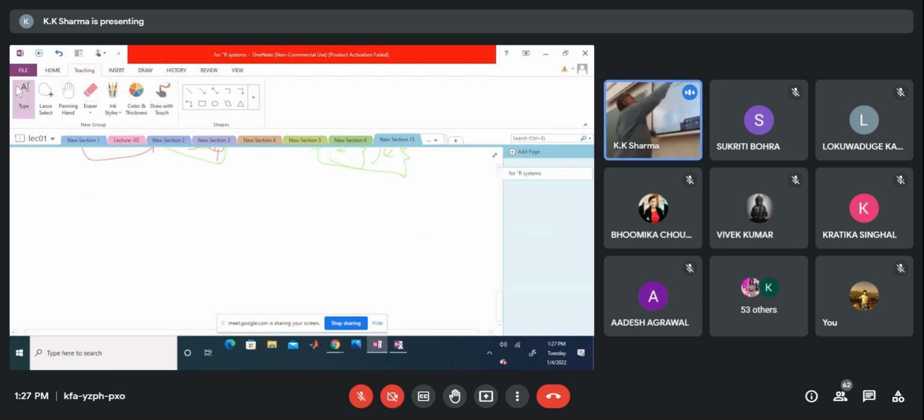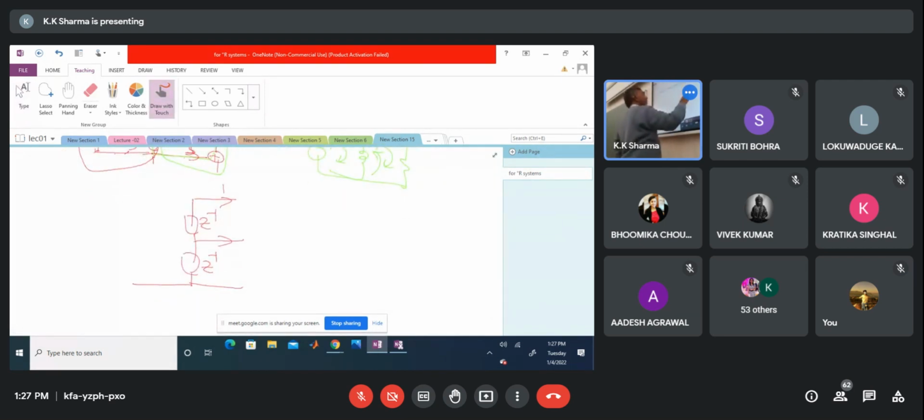Let me plot it again. Z to the power minus 1, z to the power minus 1. क्या क्या थे इधर? 1 3 5.